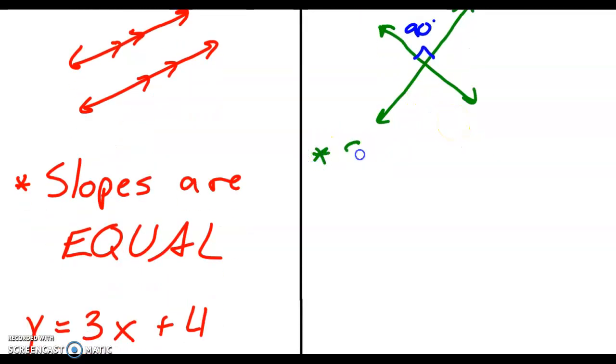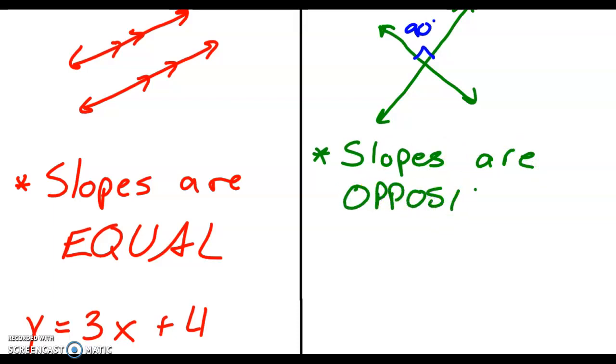Here's the thing about their slopes. Slopes are opposite reciprocals. Oops, spelling that one wrong. Opposite reciprocals of each other.